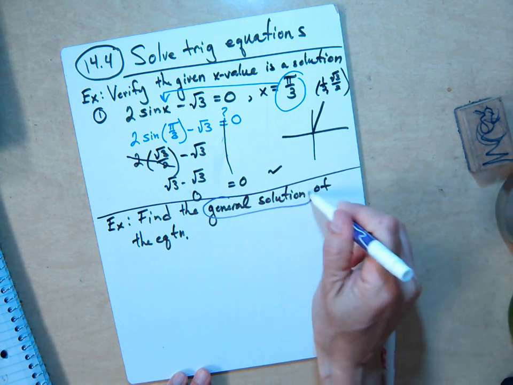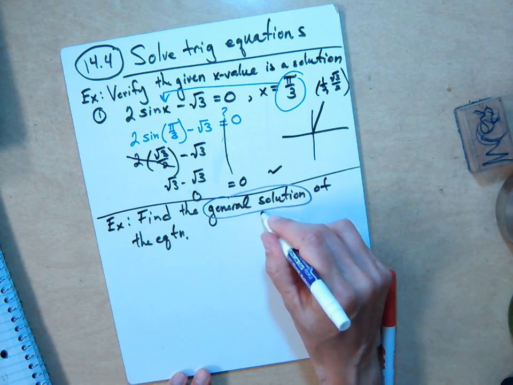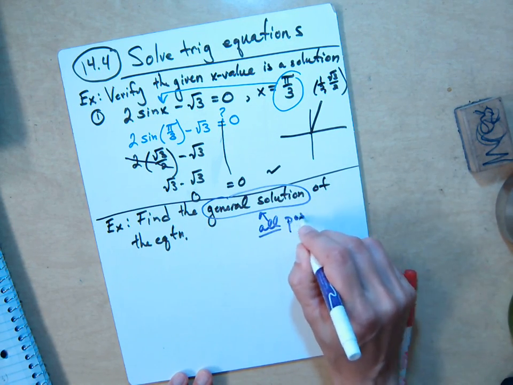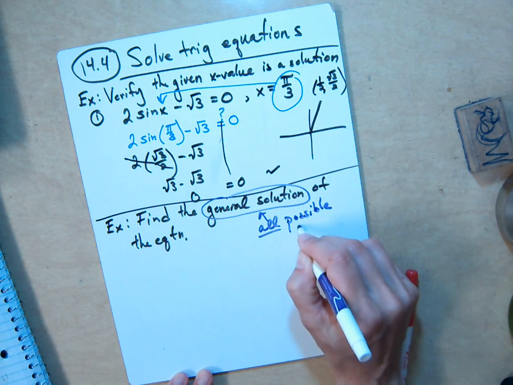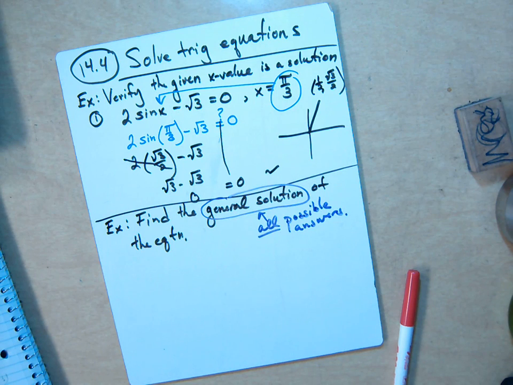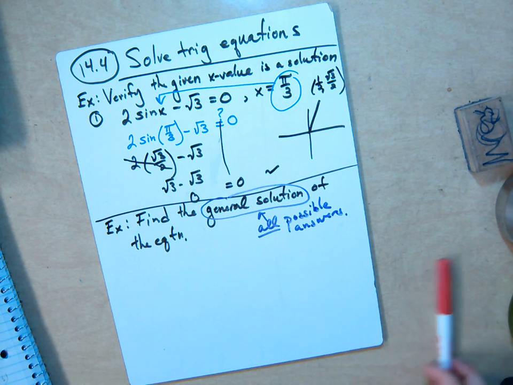General solution just means find all possible answers. Because we can't list them forever and ever, you're going to have to use n, where n is an integer. n is 0, 1, 2, 3, 4, -1, -2.